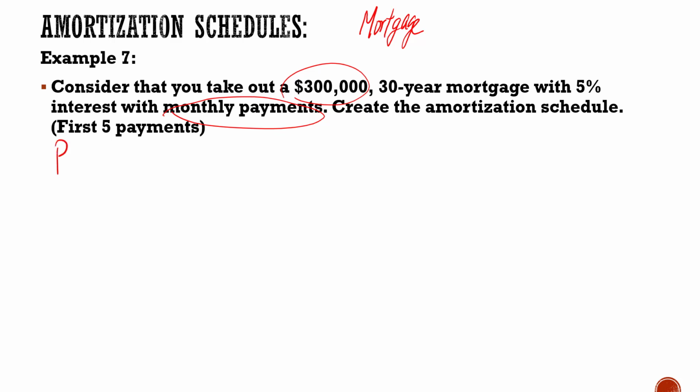So the present value of the annuity is 300,000, for 30 years, and the compounding is monthly. The rate is 5%. And we want to create the first 5 payments.